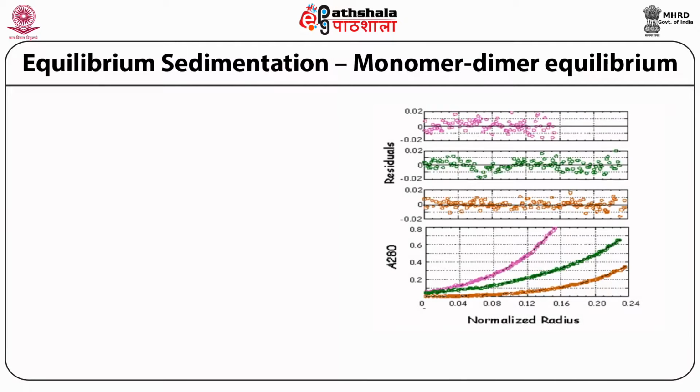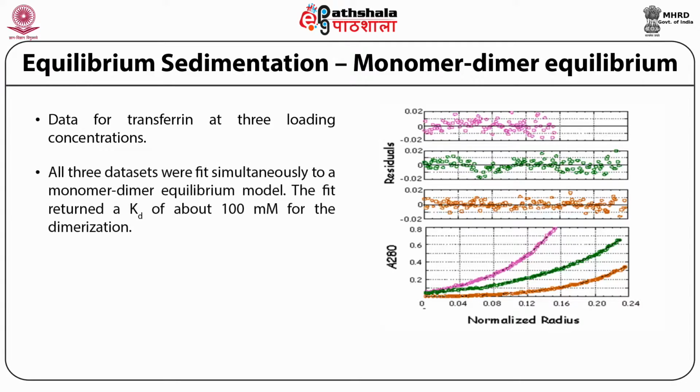Here you can see an example of the binding or association between 2 or 3 molecules of the transferrin at a given concentration. So here the data for transferrin at 3 loading concentrations are given. The 3 data sets were fit simultaneously to a monomer-dimer equilibrium model, and the fit returned a Kd value of about 100 millimolar for the dimerization.